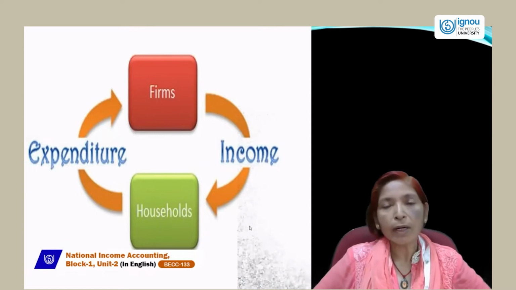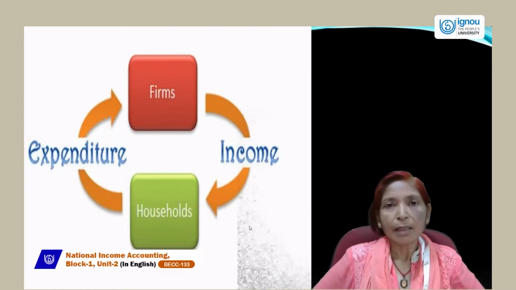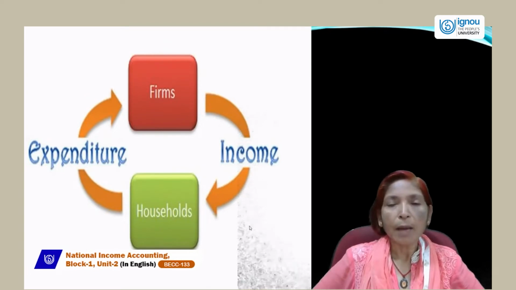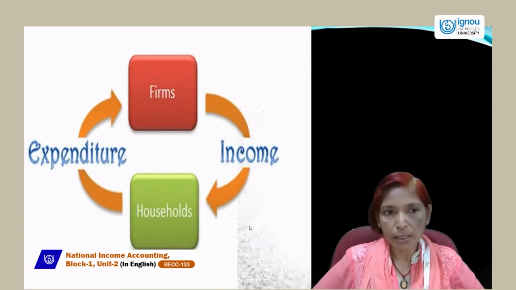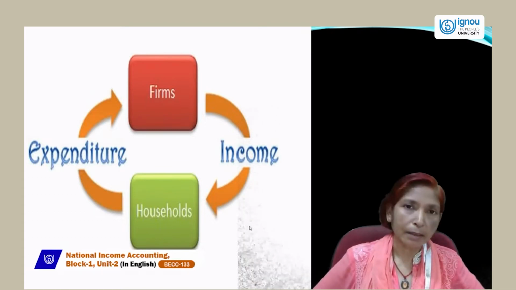We all are included in the household sector. The household sector is called the owner of all the factors of production like land, labor, capital, and entrepreneur. And households provide the means of production to the firm sector.